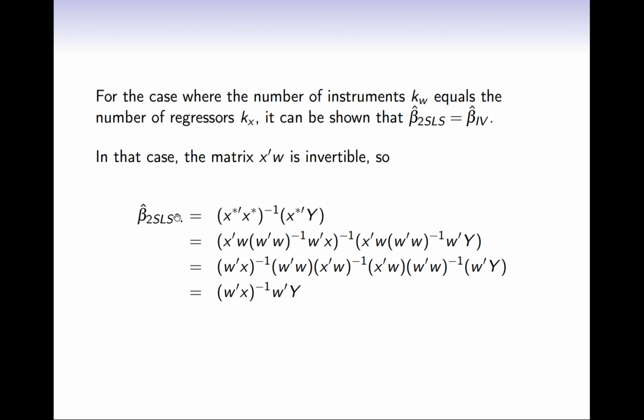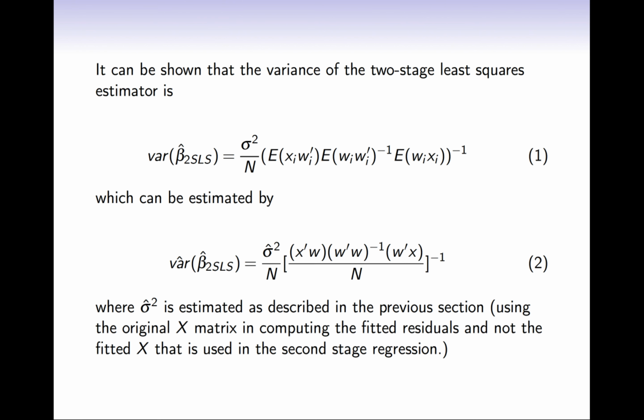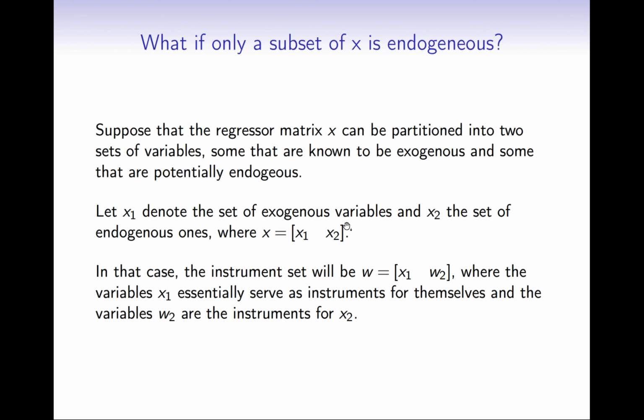And two-stage least squares equals IV if the number of instruments equals the number of endogenous X's. Okay. So, and the variance is the same as I showed you before. Okay, if some X's are exogenous, you can think of them as being instruments for themselves.